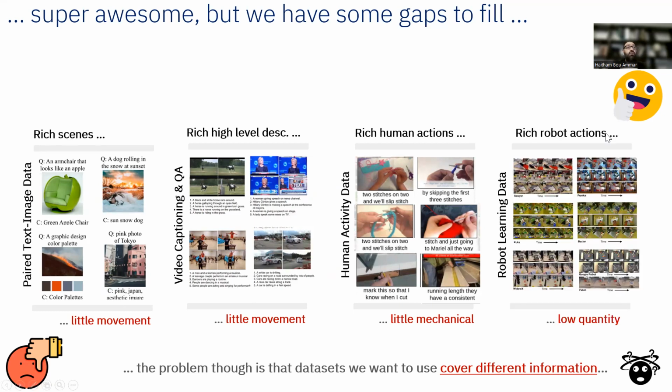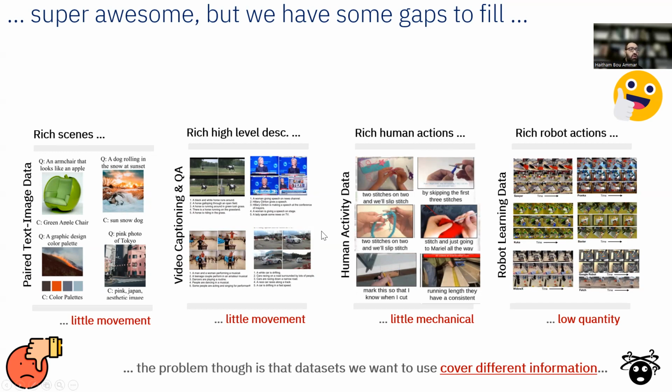And finally, if we look at robot learning data, this is a rich set of robot actions, that could be in simulated worlds or in real robot worlds. However, we don't have much quantity of this data, although it is on the increase, but we cannot say it is as high quality as the others.